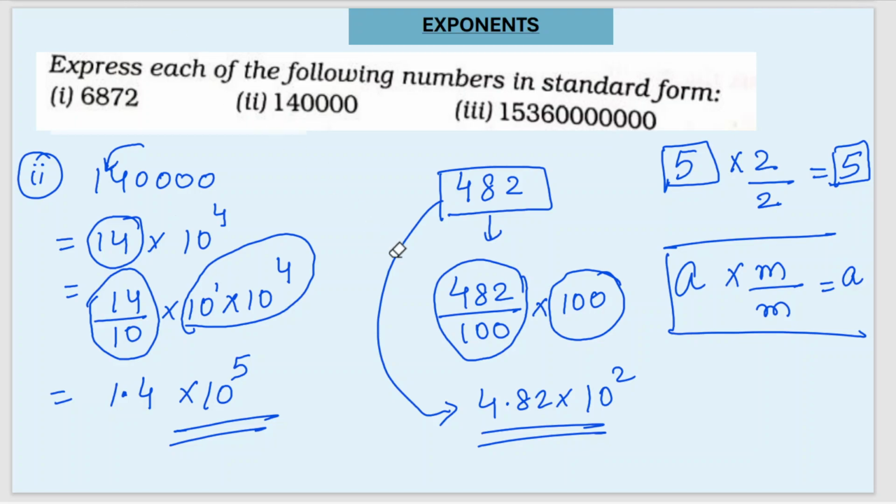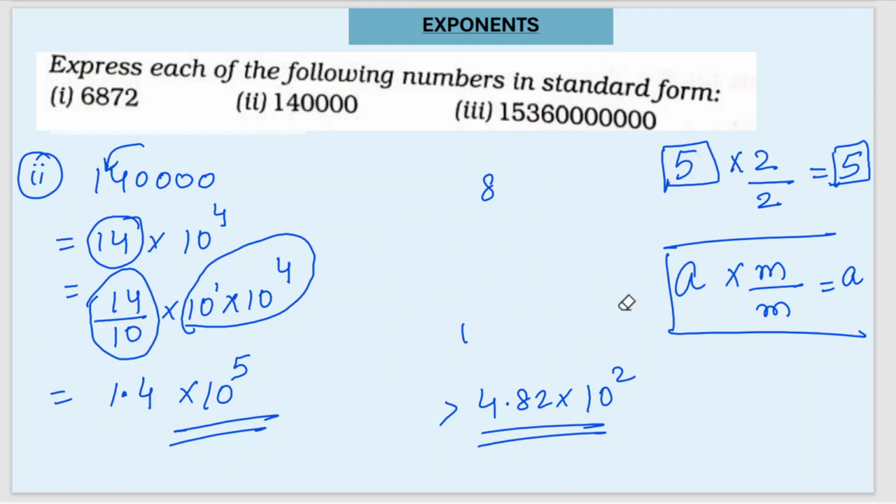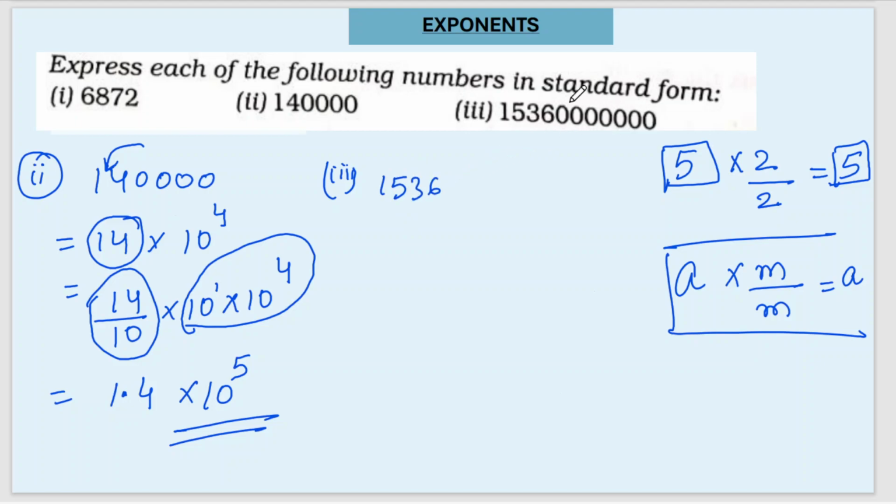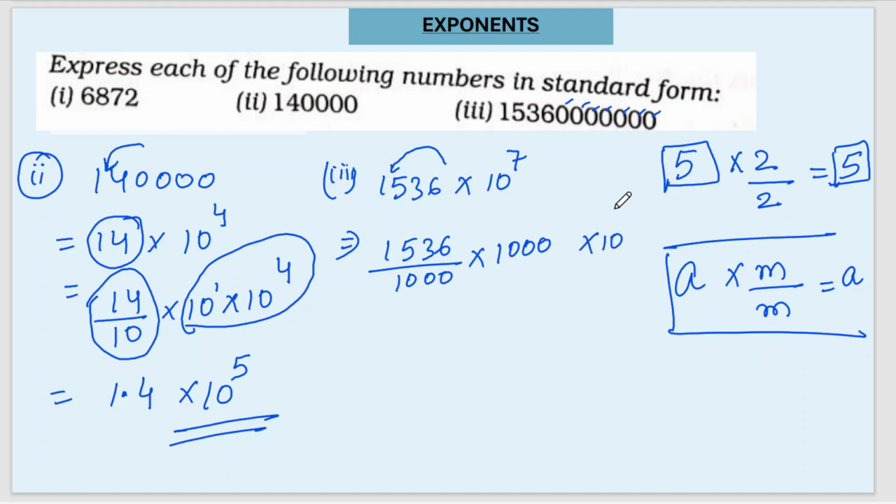Now let me do the third one here. 1, 5, 3, 6. And how many zeros are there? 1, 2, 3, 4, 5, 6, 7. So I can write 10 to the power 7. Now I want the decimal here, so I do 1536 divided by 1000, into, multiplying the same number by 1000 and then writing the rest part.